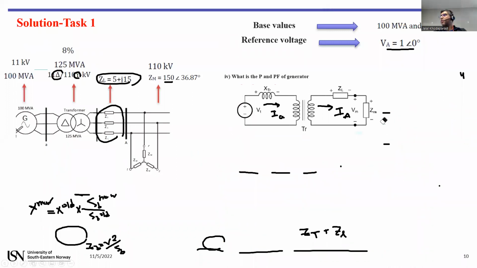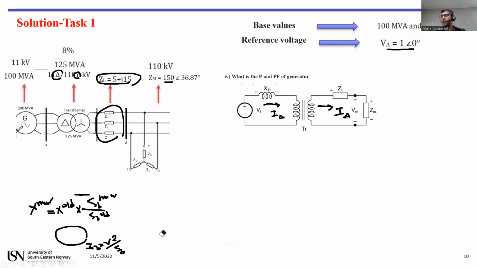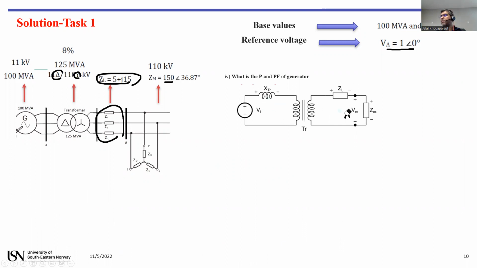Okay, the last part is related to active and reactive power and the power factor. From the previous task, we calculated the voltage here and the current in the circuit.